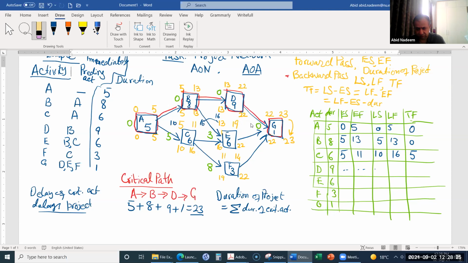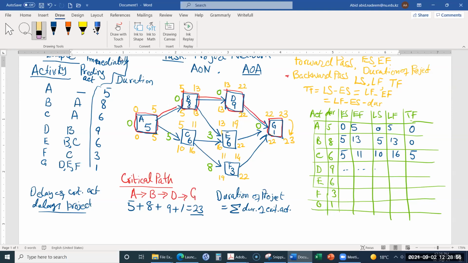Therefore, the total float on certain activities can delay other activities, which means that the delay in certain non-critical activities can delay some other activities, but it is not going to delay the overall project. So just like in this example we have seen over here, when we delayed activity C by 5 days.